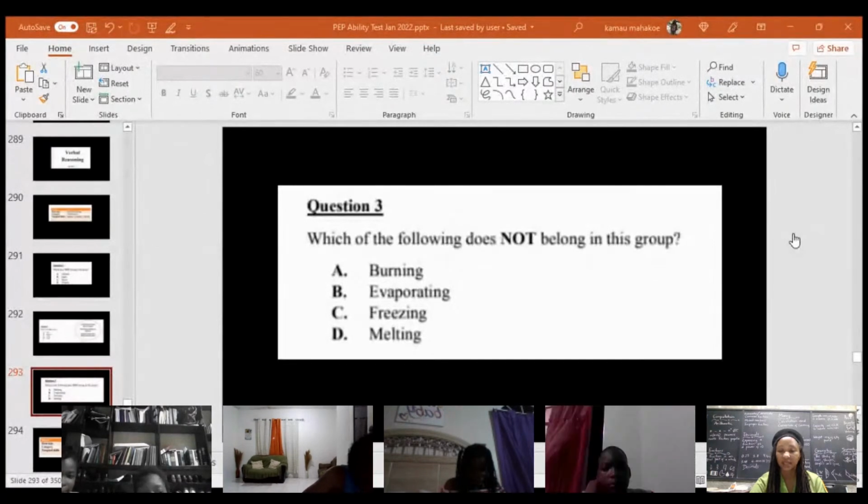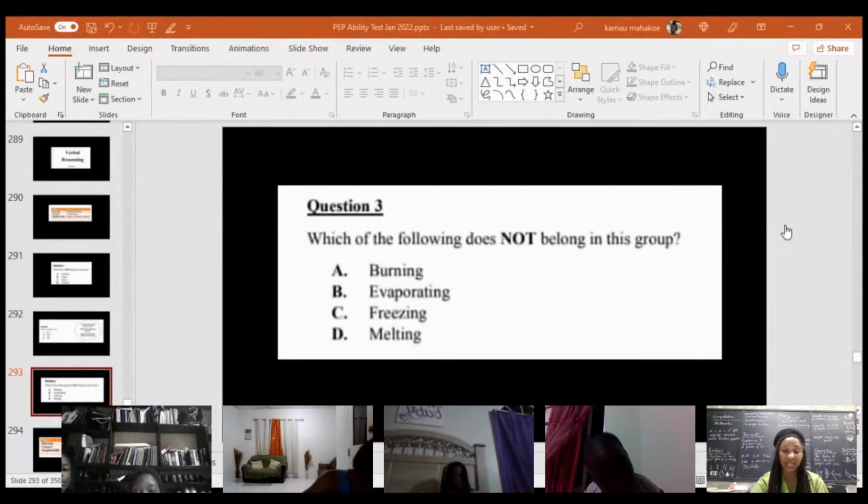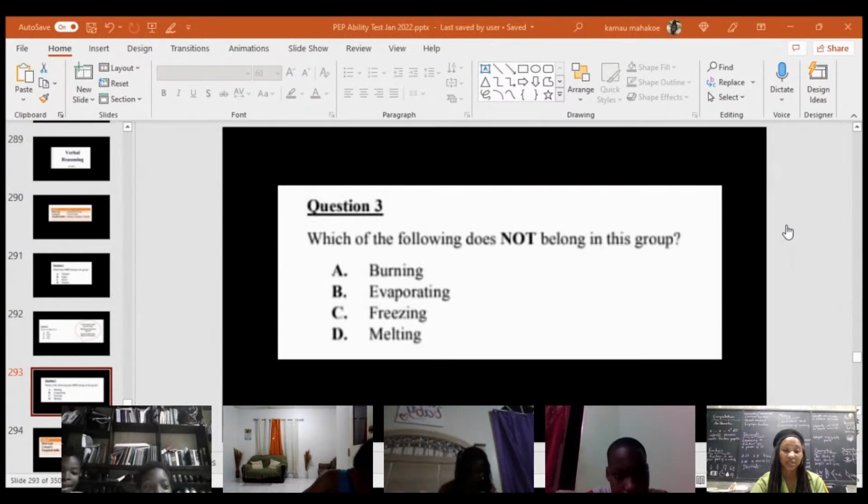Cashmark said it's all about water, but burning is the fire. Cashmark and Amari are making assumptions. Remember, water is not the only thing that can evaporate or freeze or melt. So you're making assumptions there.